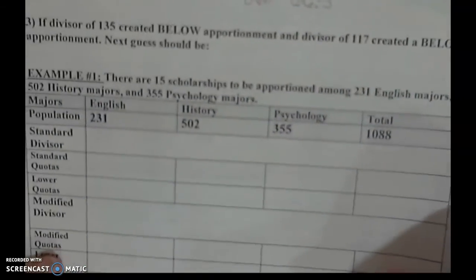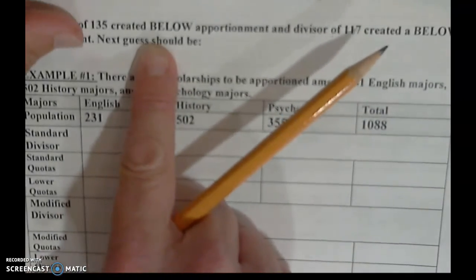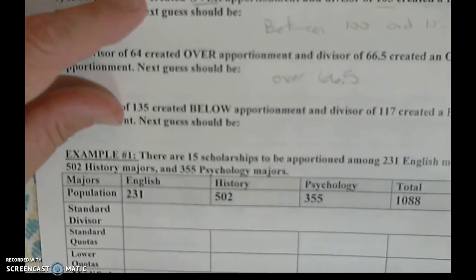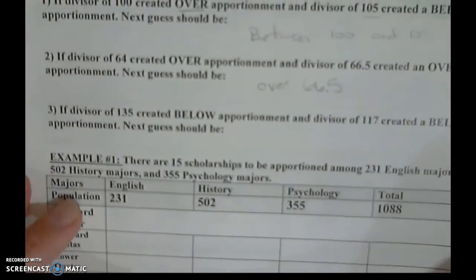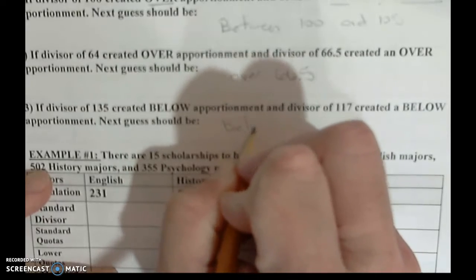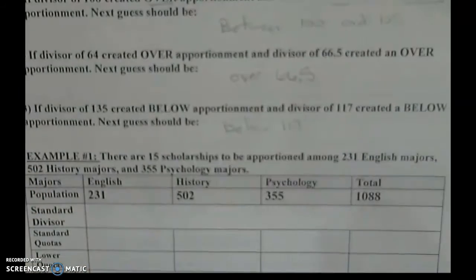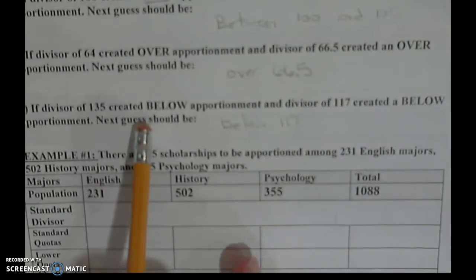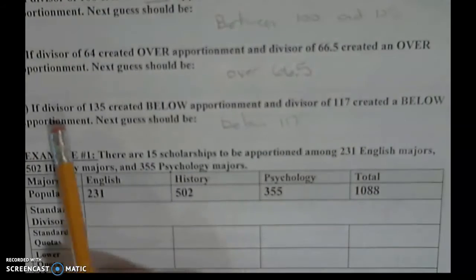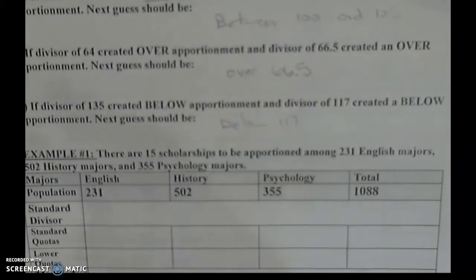So if we guessed 135 and it was below, and 117 created and it was below, then we need to keep going lower, so we need something below 117. We need to make our divisor smaller. If we're under, we need to make our divisor smaller so that our quota goes up. All right.